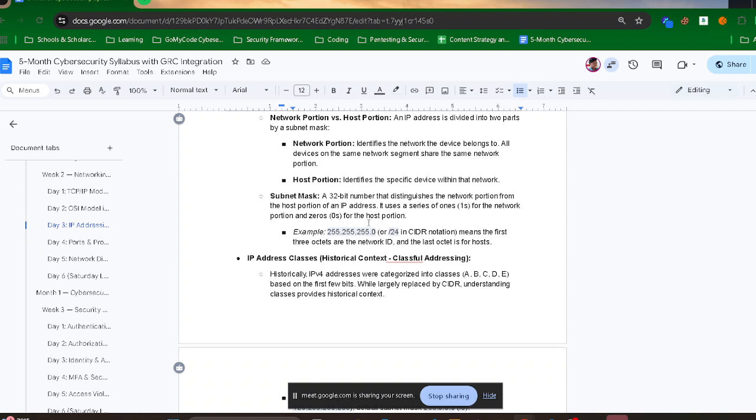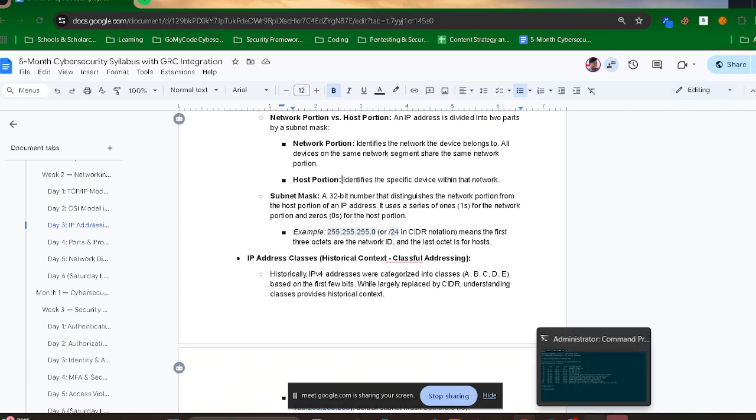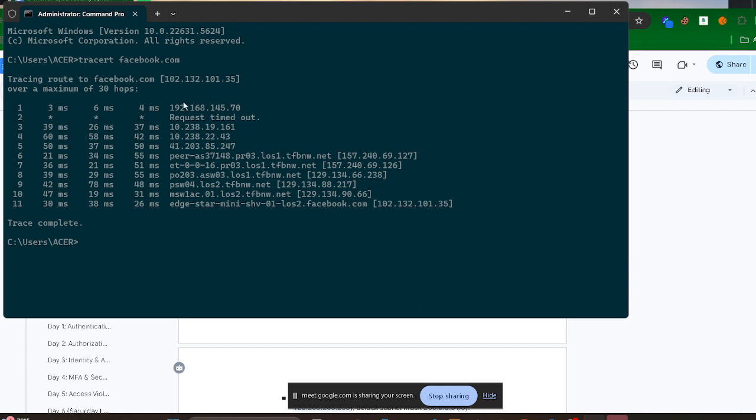Which means that any IP address that has a subnet mask of 255.255.255.0, only the last octet will be changing because it has dot zero.